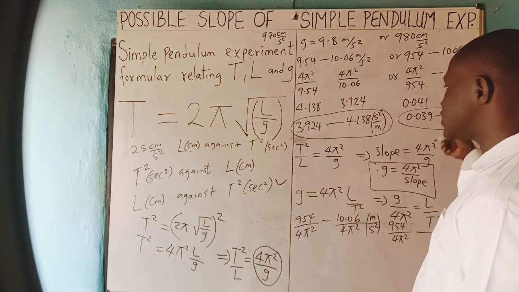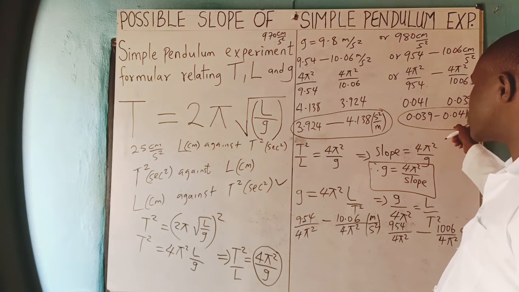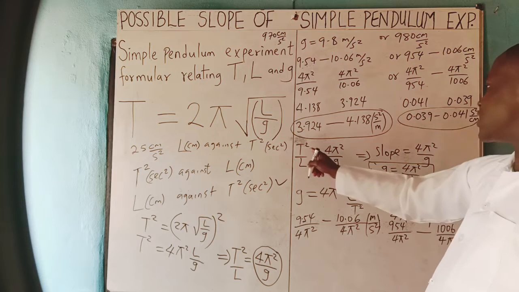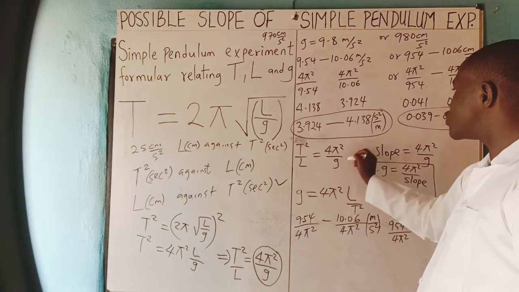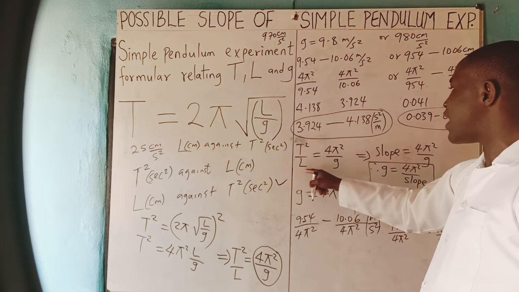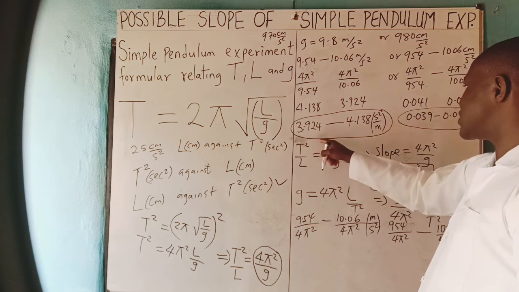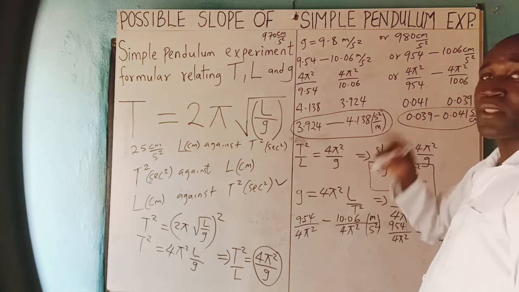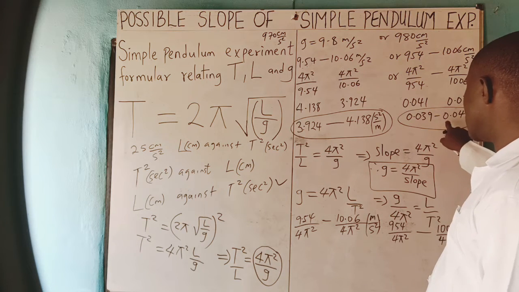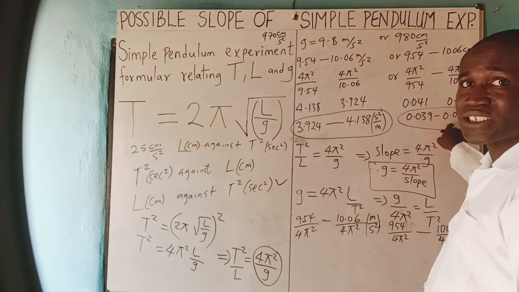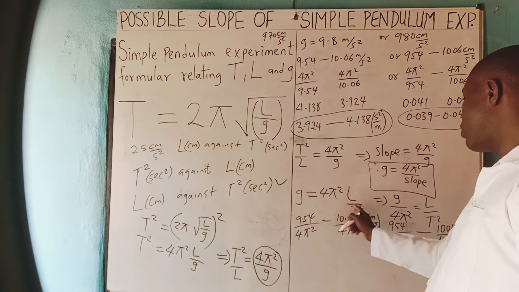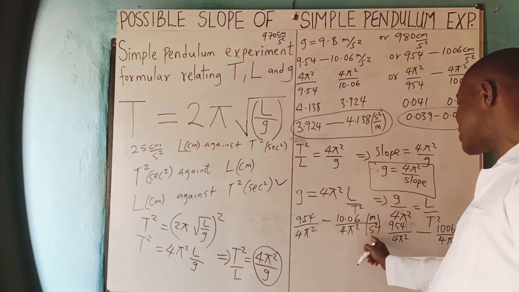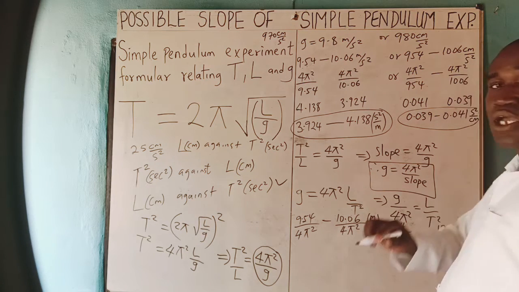Please take note of this correction I just made here, because we are plotting the graph of T square against L, and so your slope should be second square over meter if L is in meter. Then this one is also second square over centimeter if the L is in centimeter. But for this one of L over T square, this is meter per second square or centimeter per second square.